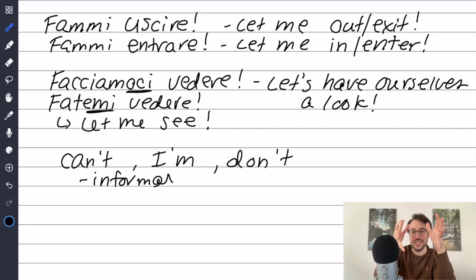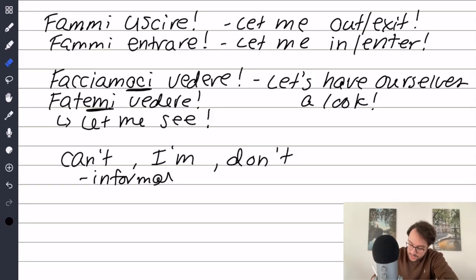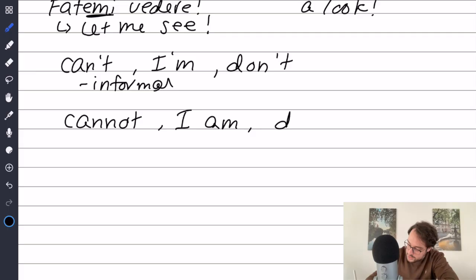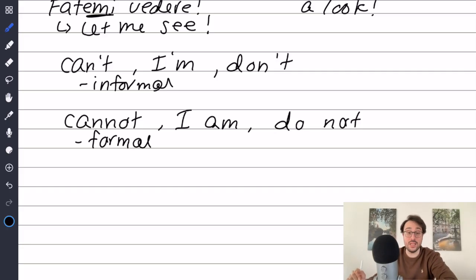Or things that are put together, it's more informal. It's not as polite and courteous as it could be. So therefore, when we say cannot, let me scroll this up here. When we say cannot, or I am, or do not, these are seen as more polite, more formal, more standard, right? Okay. Same thing in Italian.